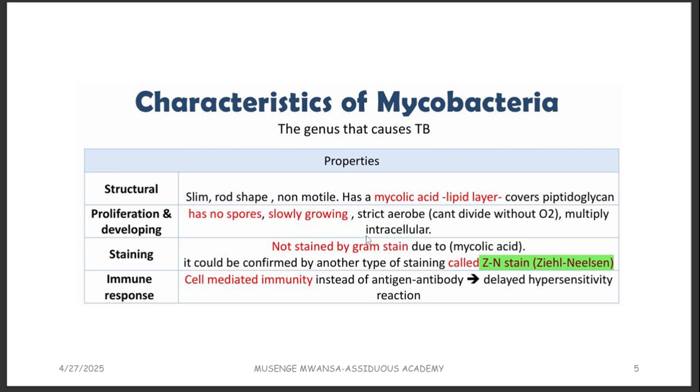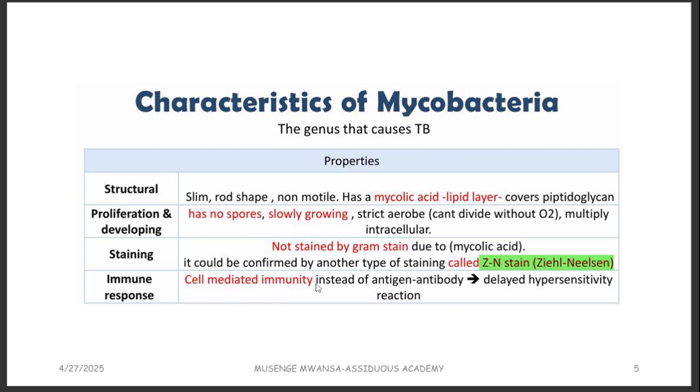It will multiply inside the cell, intracellularly. It is not stained by gram stain because it has got mycolic acid. So when you want to stain this one, you use another stain which is known as the Ziehl-Neelsen stain, the ZN stain. It's a very important stain for us to know.